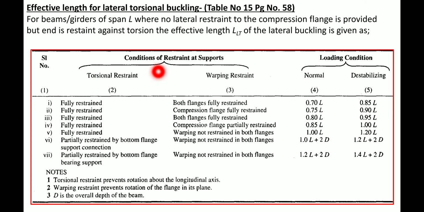Here the conditions are restraint at support and loading condition. So restraint at support means torsional restraint and warping restraint. So fully restrained, so both flanges fully restrained. As per this Table number 15 on page number 58, here we are going to take the values.